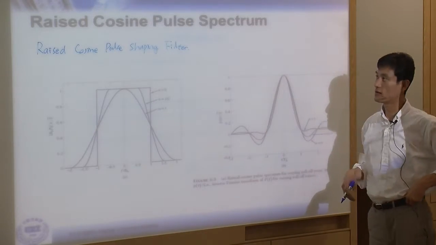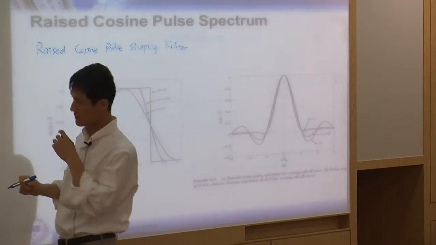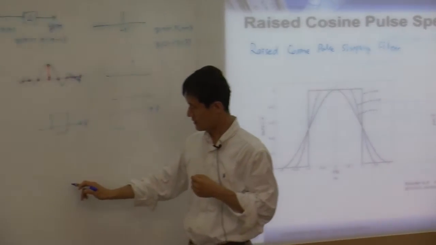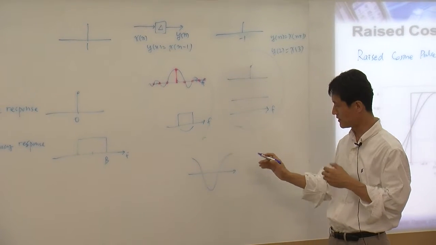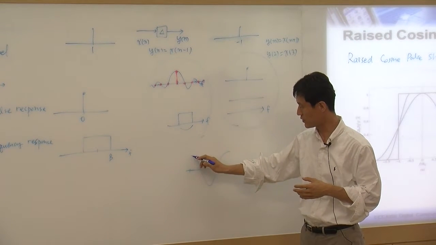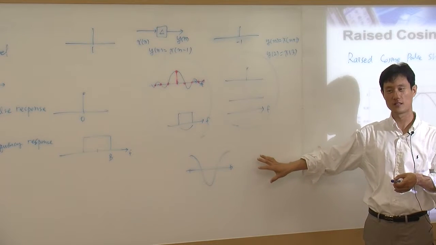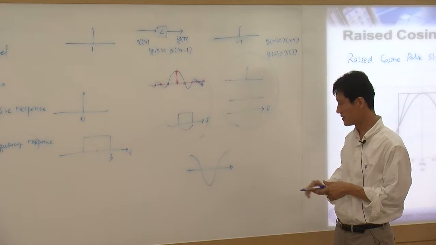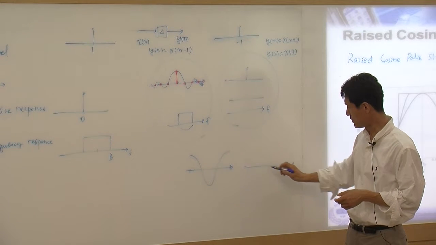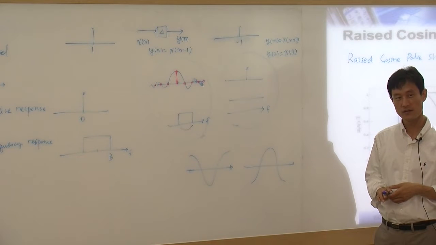Raised cosine. Why do you call this a raised cosine? Think about only one period of cosine. One period of cosine looks like this, right? Let's flip this. When you flip this, it looks like this, right?